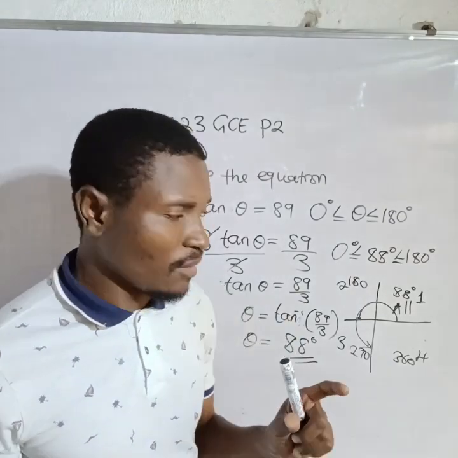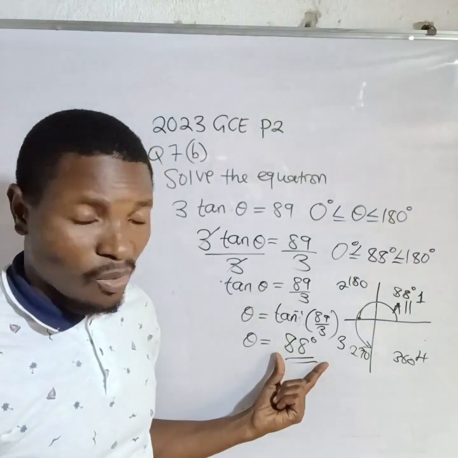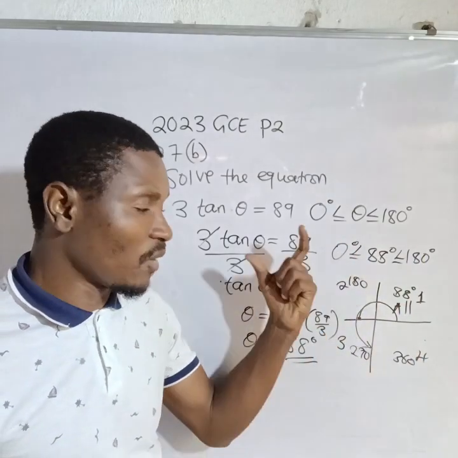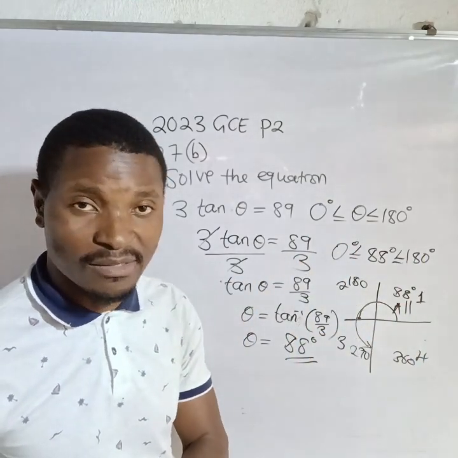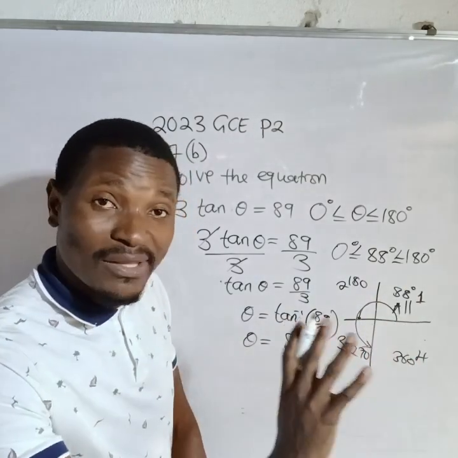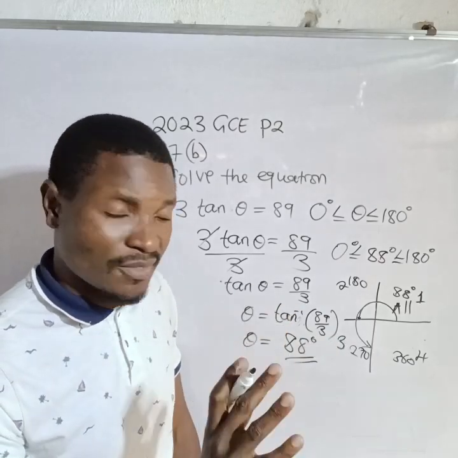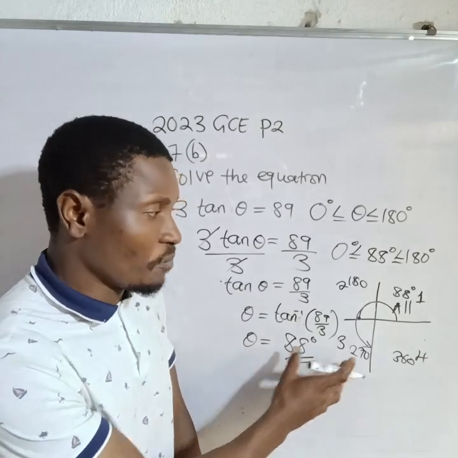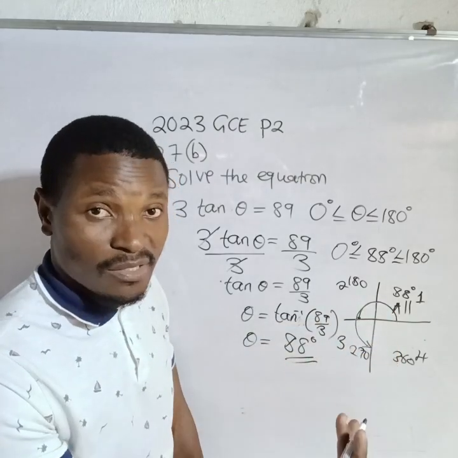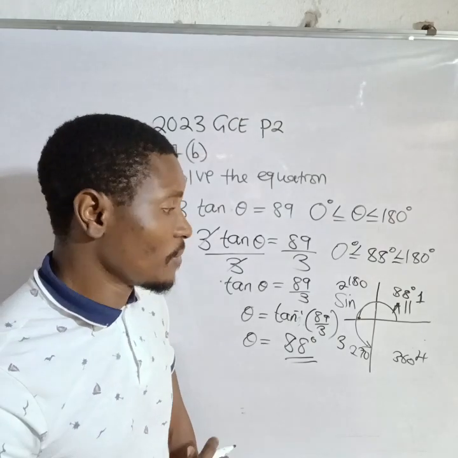Now, the point is this: you have to know in which of these quadrants this line could be, or what could be the possibility that 88 could be in the first quadrant, in the second, and also in the third quadrant, etc. So we know that in the first quadrant, all the trig functions, the cosine, tan, and the sine, are all positive. In quadrant 2, it is only the sine function that is positive.